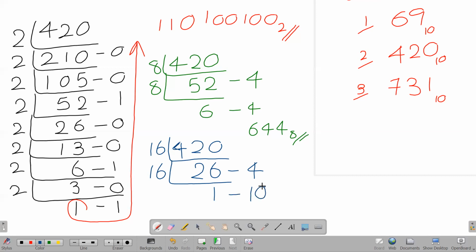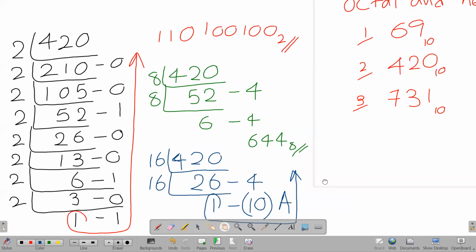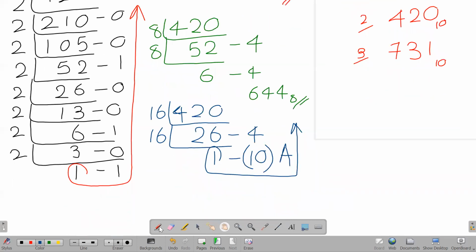We don't write 10; instead of 10, we represent it using A. So our answer is going to be 1A4 as the hexadecimal answer. 1A4 in hexadecimal. There you go.